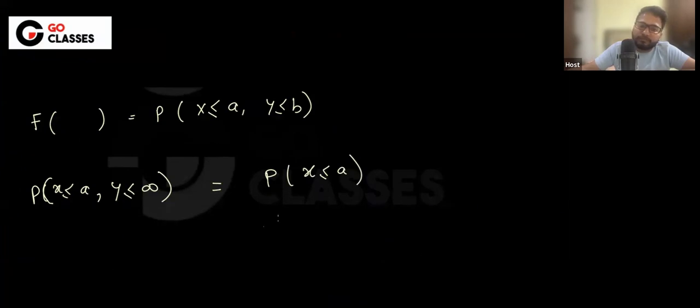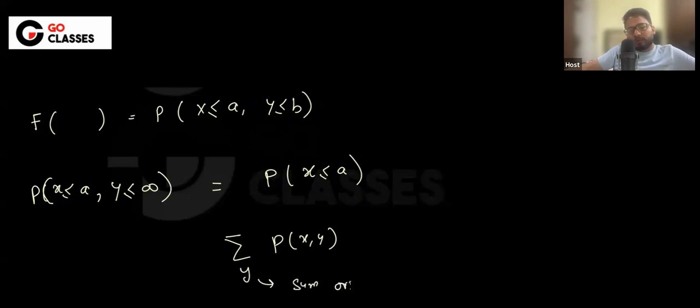Are these two quantities the same? If y can be anything, then in this case it will be the marginal PMF only. So if I give you pxy and sum over all the possible values of y, then you can find out px.